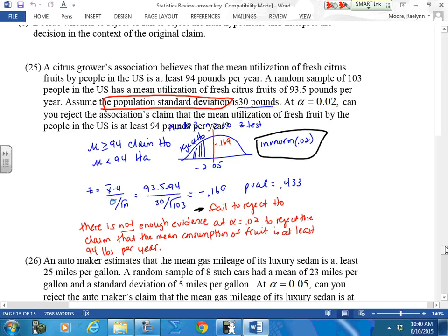And I no longer have the copy that doesn't have it, so I don't know where I printed it from, unless I printed an old one, but I did change quite a few of the problems, so I don't know what happened. And mine has it, but yours doesn't. That should say population standard deviation. That's what tells us that it's a Z-score. And if it talks about the sample, then it's a T. If it doesn't talk about any of your standard deviations, it's a P or a pi. Well, it's a P.